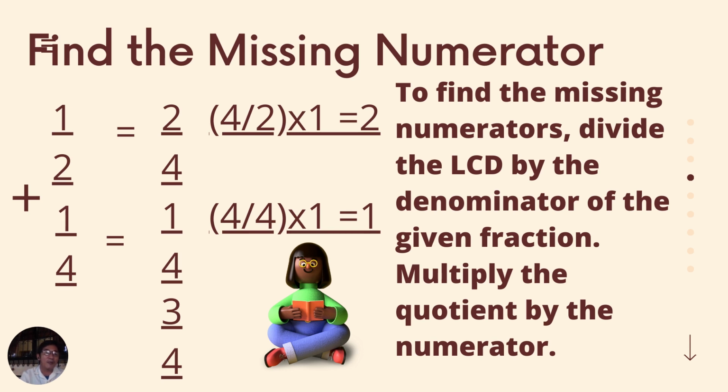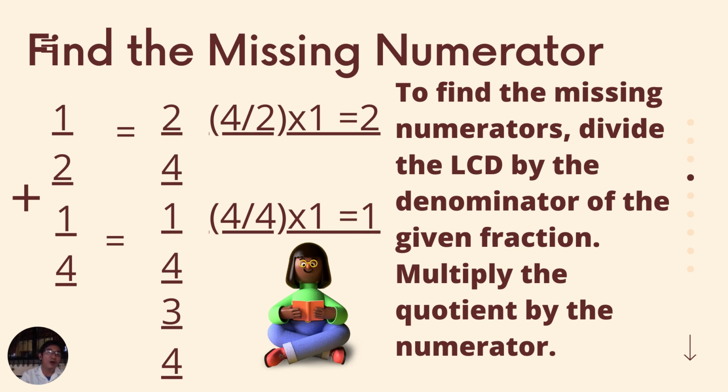Then find the missing numerators. Divide the LCD, which is 4, by the denominator of the given fraction. 4 divided by 2. And the next procedure is multiply the quotient by the numerator. 4 divided by 2 is 2, times 1 is equal to 2.